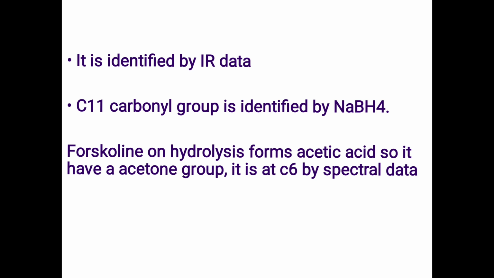Further, forskolin on hydrolysis forms acetic acid. Forskolin on hydrolysis forms 1 mole of acetic acid. So it has an acetoxy group. From this reaction, forskolin contains an acetoxy group.